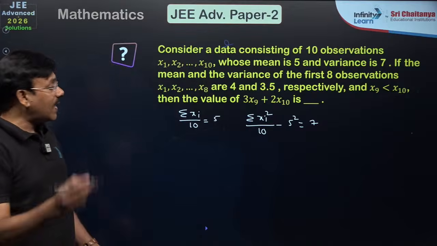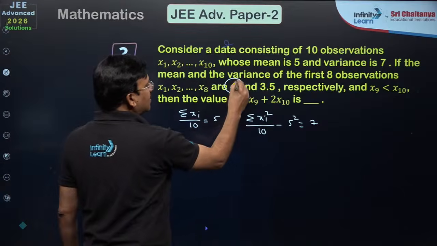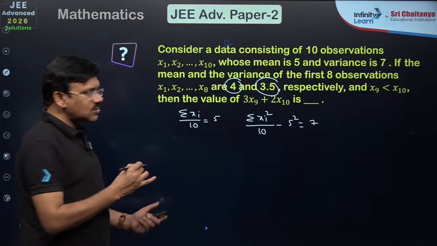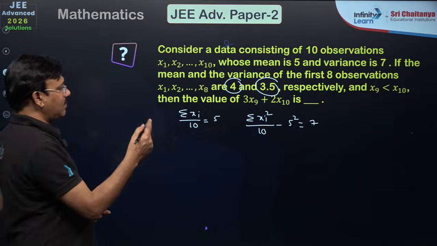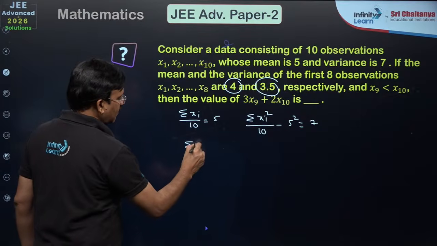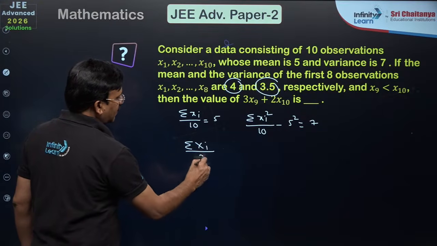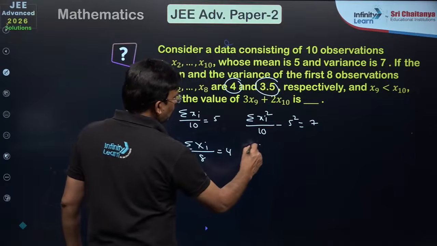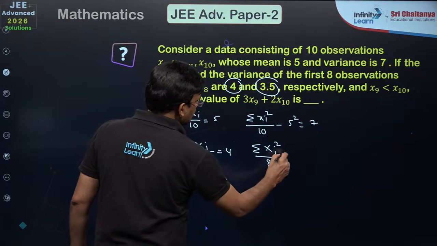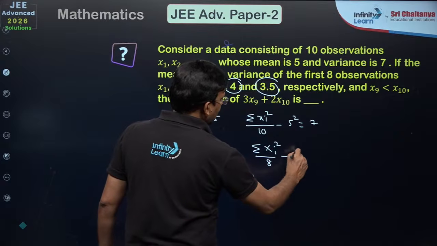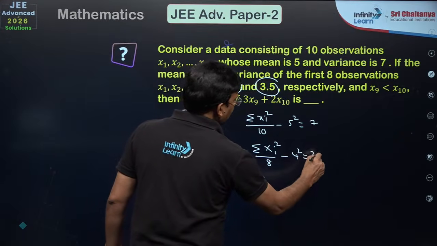So, of which for 8 observations he has given mean and variance. Again, for those, suppose capital X, let us call, 2 variables are missing. So, sigma capital Xi by 8 is equal to 4, sigma capital Xi square by 8 minus 4 square is equal to 3.5.